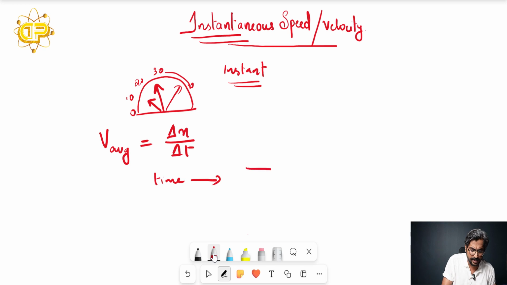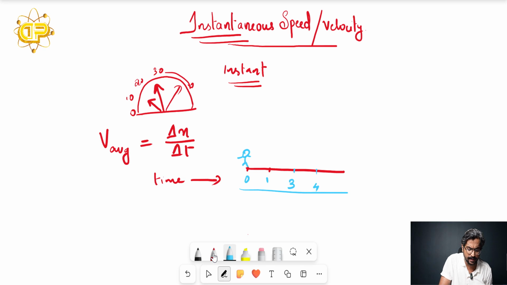Just imagine there is a timeline and an object, or a person, traveling from 0 to 1 minute. In that 1 minute, the person has moved from A to B, so there is a time interval of 1 minute.